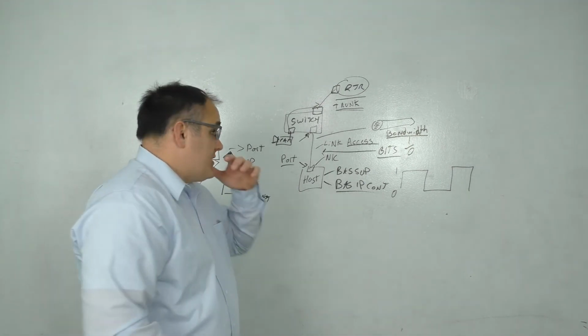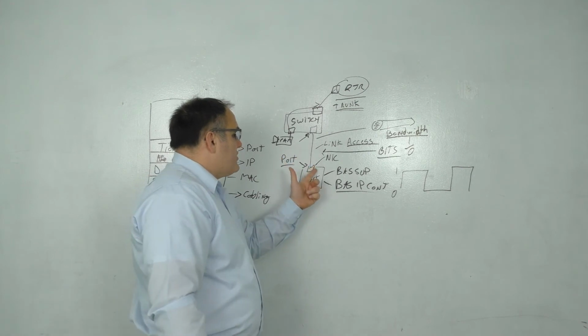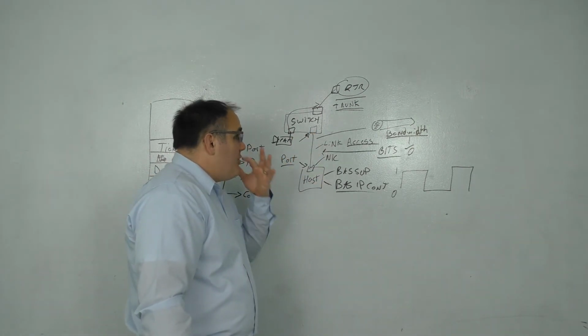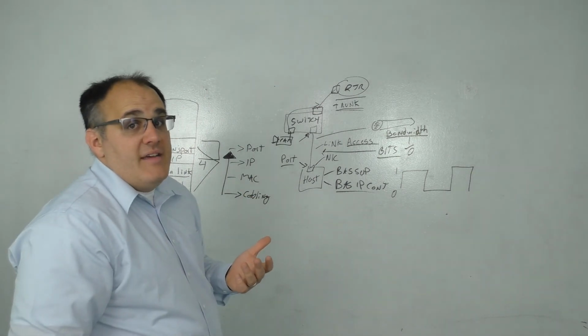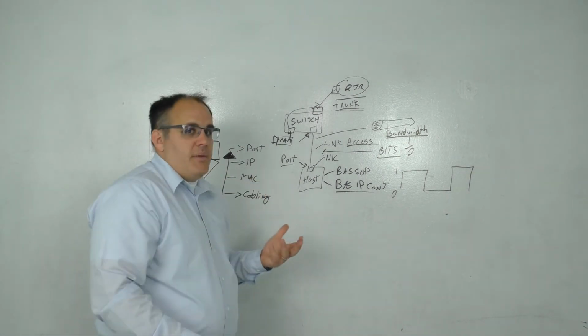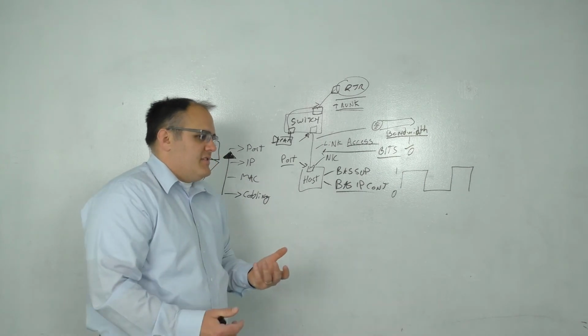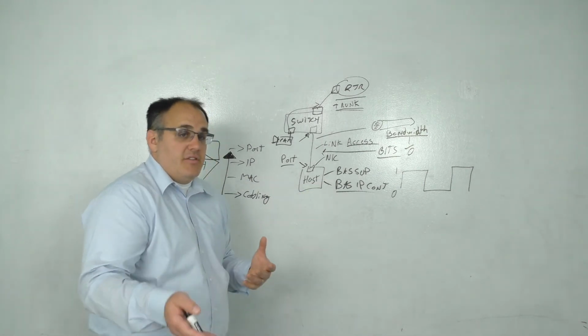Then I want to make sure that they're connected to the right networking device and that that port is open. We'll talk more about that in the next episode. We'll talk about open ports, address resolution protocol, MAC addressing, those kinds of things.